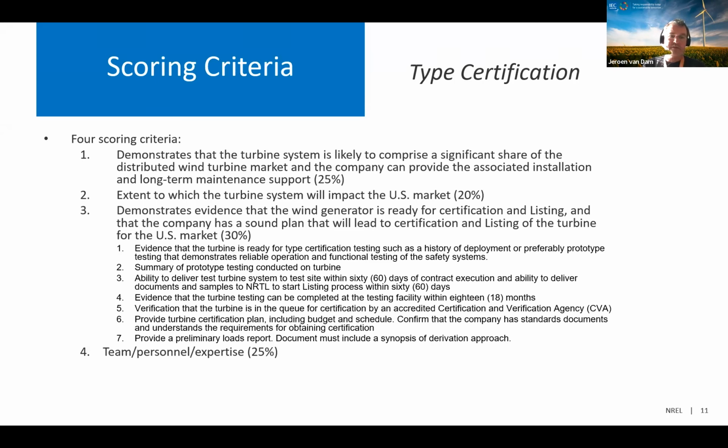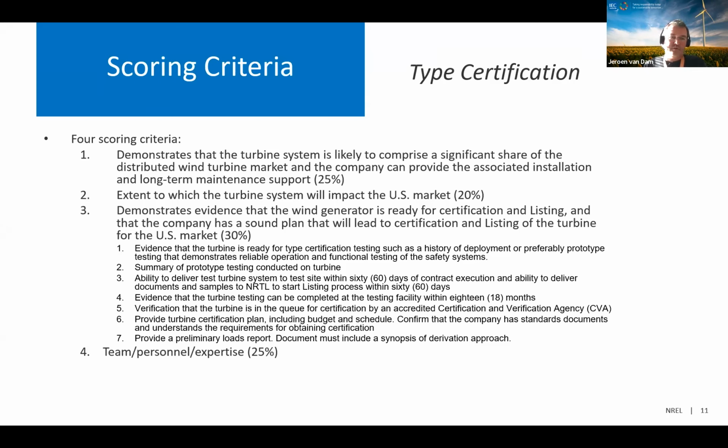Any kind of prototype testing that you've done, of course, your ability to deliver a turbine or deliver components for NREL listing. We want to make sure that you're ready to do that, because otherwise, if that takes a lot of time, the certification process takes a lot of time, the testing takes a lot of time, this project would take a lot of time.